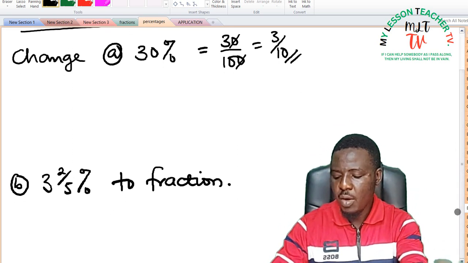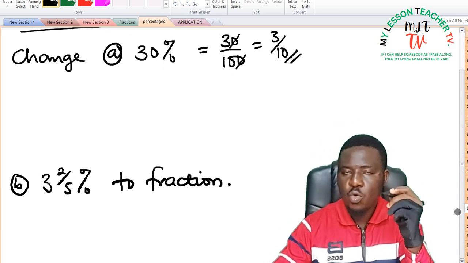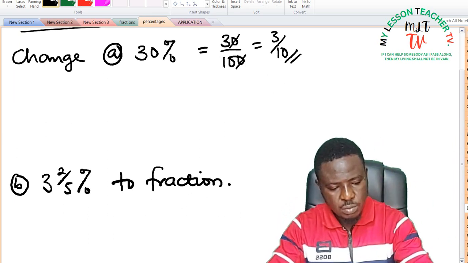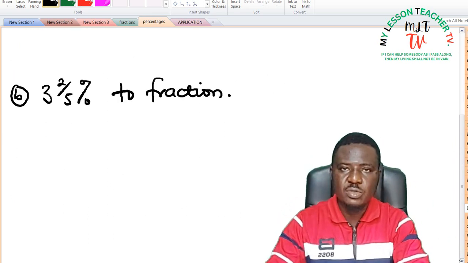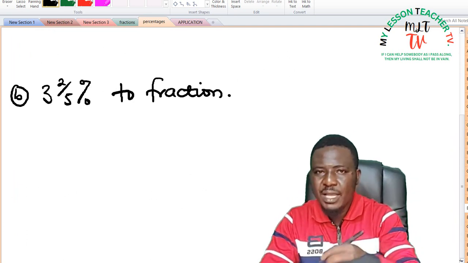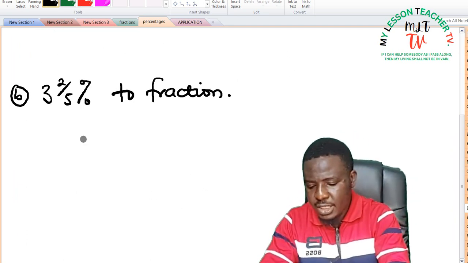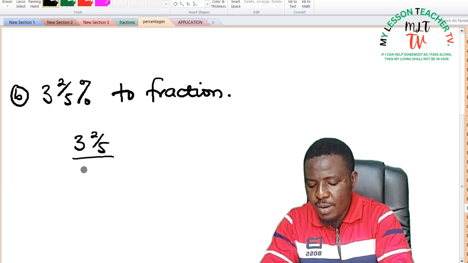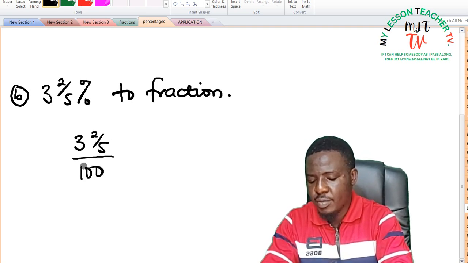Now, we have 3 whole number 2 over 5% to be written as a fraction. Let's still follow the same method. This is 3 whole number 2 over 5 divided by 100.